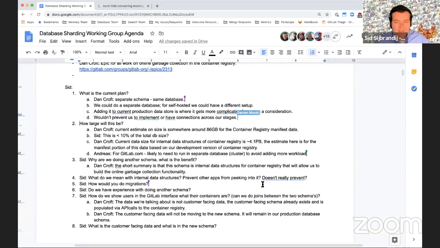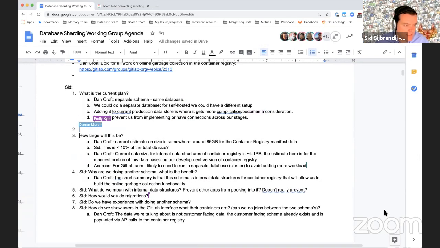So you can join between connections between stages. Well, I'll take them one at a time.